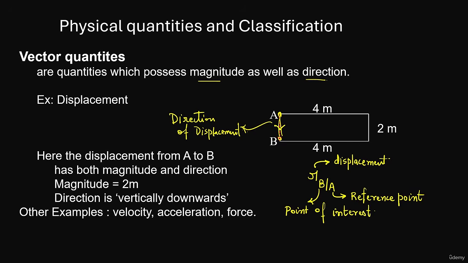Sometimes in other books you may find the representation R subscript B slash A. This can also be represented as R_AB. So the reference point is written first, then the point of interest is written, and the slash sign is removed.